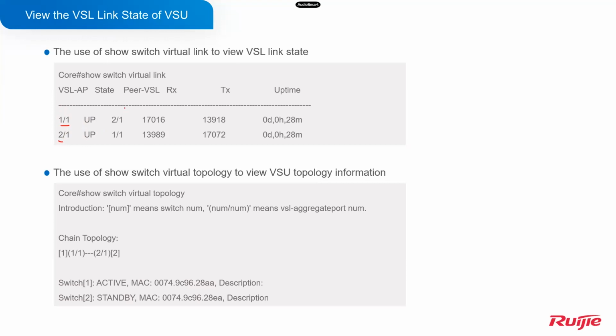And what your peer site is, how many packets, and how long we have been established with each other. And also you can see the VSL topology. Now we only have two devices connected with each other. And who is the active, what's the MAC address, and who is the standby, what's its MAC address, something like this.